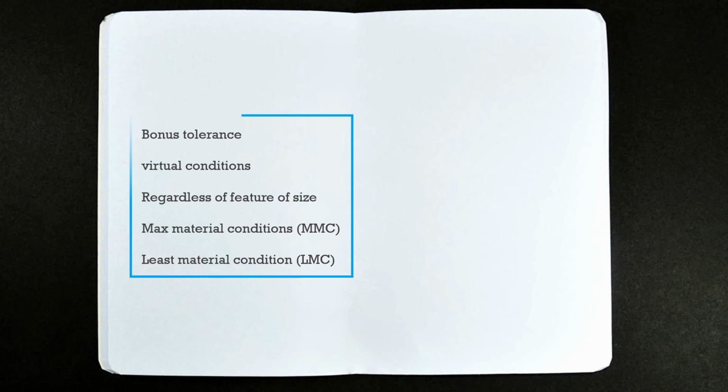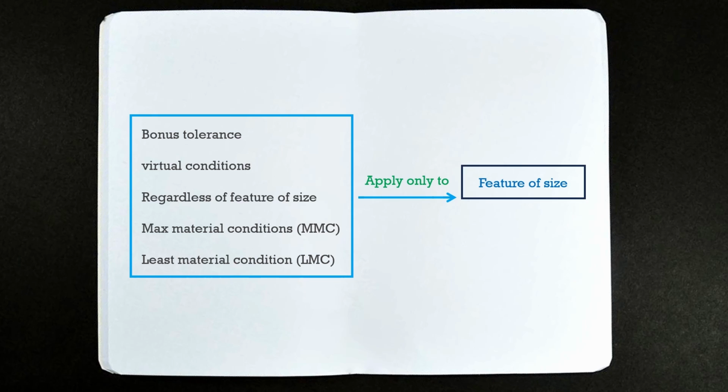And not only that, many GD&T terms like bonus tolerance, virtual condition, regardless of feature of size, maximum material condition, and least material condition are only defined for a feature of size, not for a feature.